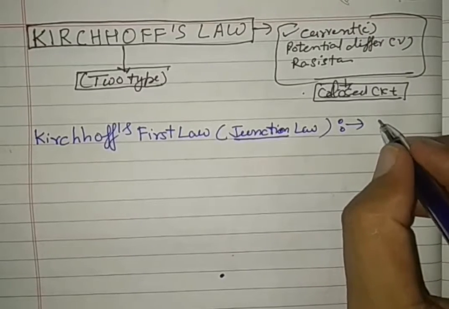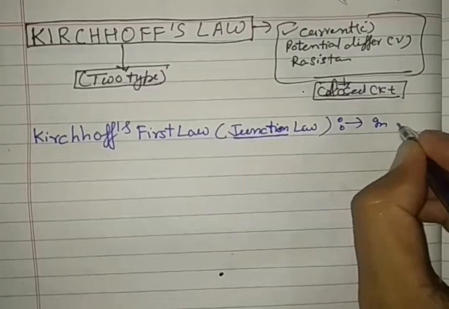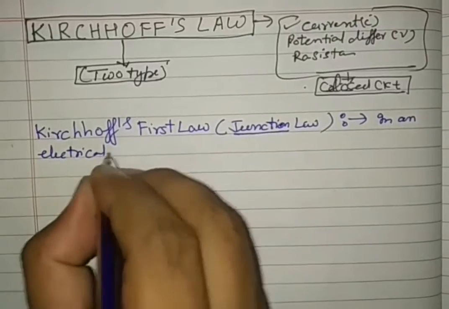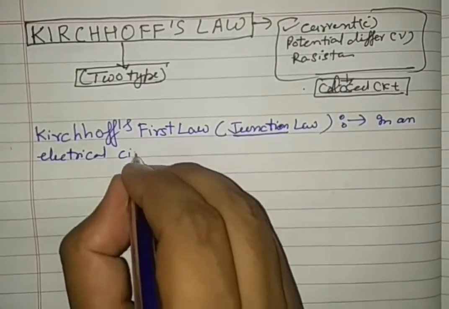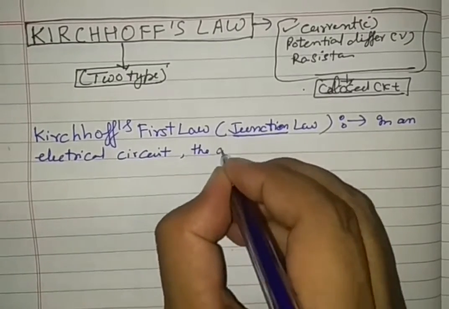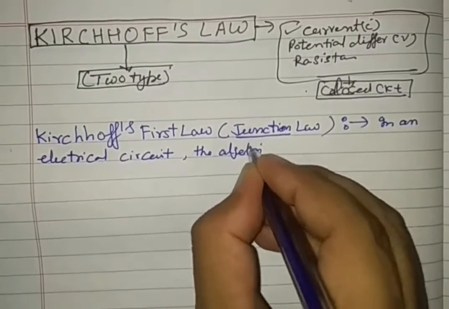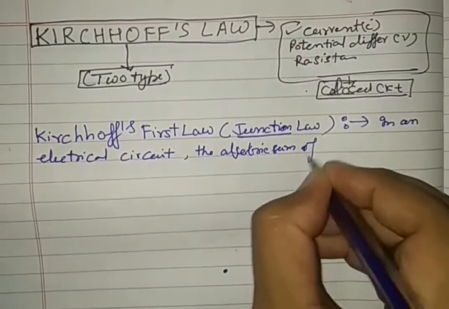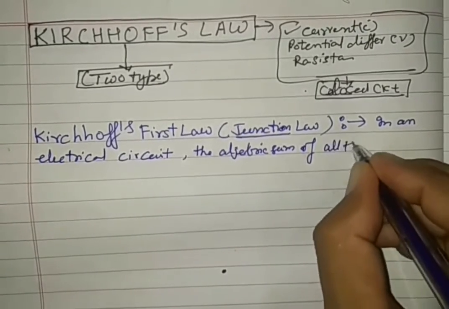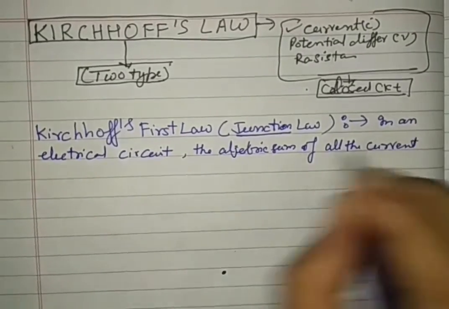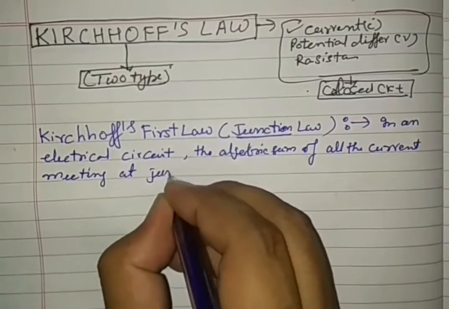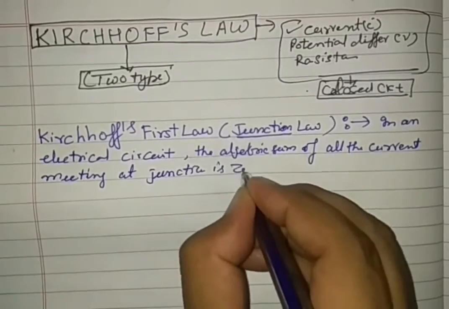So this is the statement: in an electrical circuit, the algebraic sum of all the current meeting at a junction is zero.